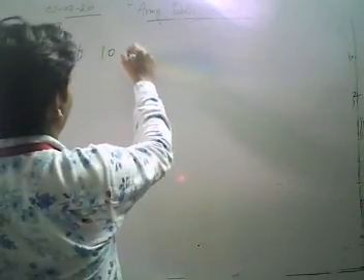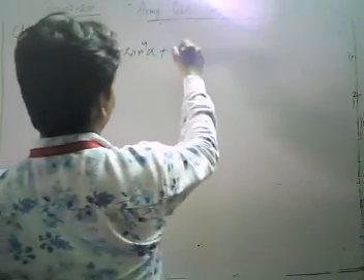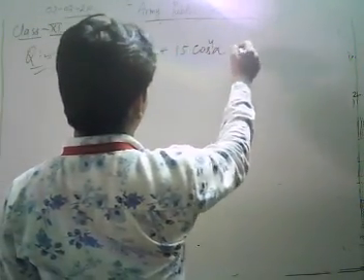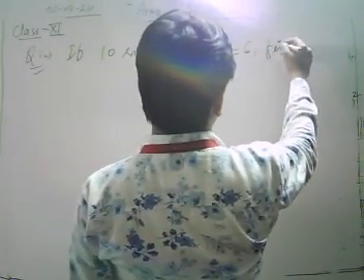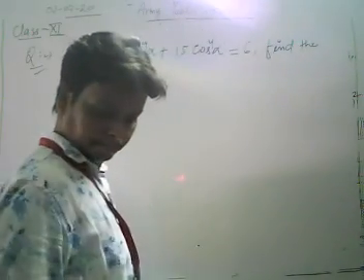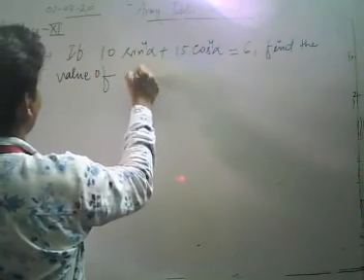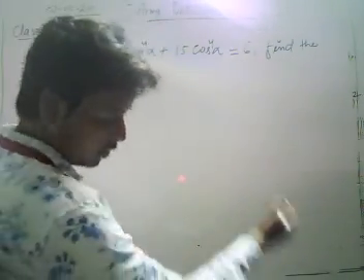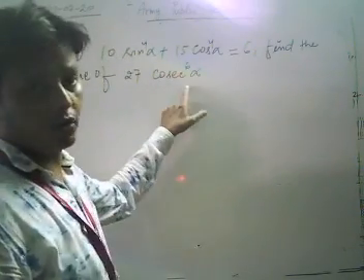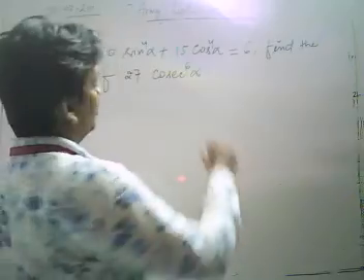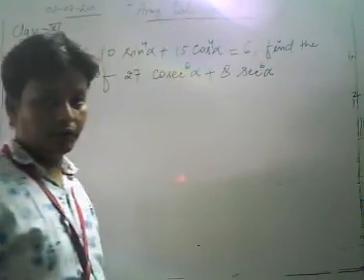10 sin to the power 4 alpha plus 15 cos to the power 4 alpha is equal to 6. Find the value of 27 cosec to the power 6 alpha plus 8 sec to the power 6 alpha.